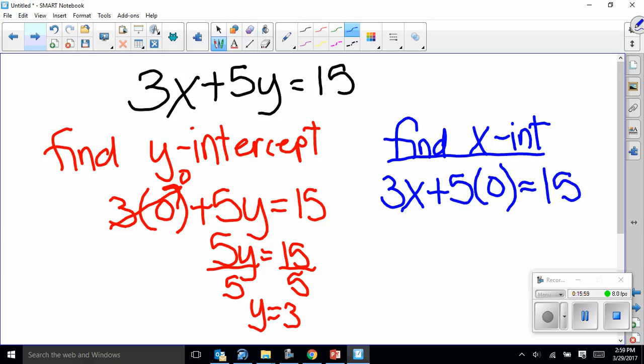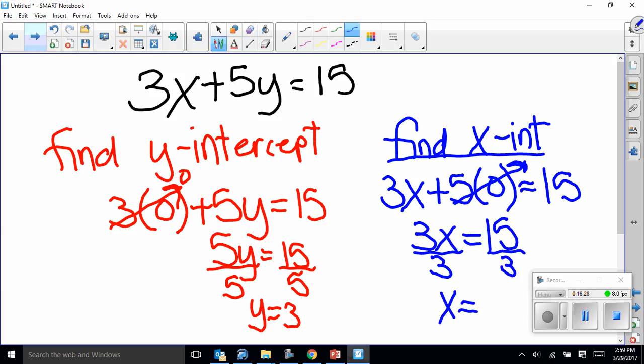All right, so we're going to substitute 0 in for y because we're finding our x-intercept, and our y-coordinate is always 0. So 5 times 0 goes away, so we have 3x equals 15. So now what? We're going to divide by 3 because we want to find what x equals. And so x equals 5.